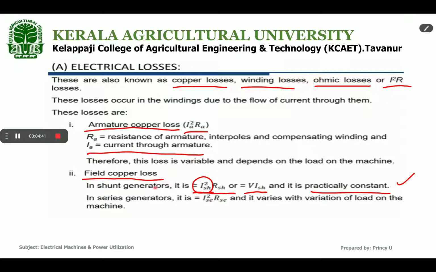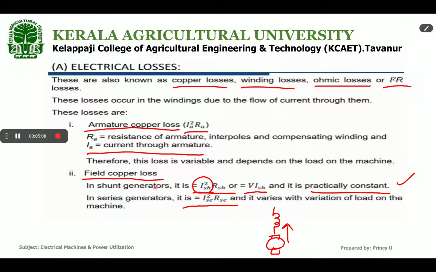In a series generator, the field loss is represented as field copper loss, I series square R series. We know that in a series generator, the armature and the series field winding are connected in series. So all the armature current flows through the series winding, and the series current is the same as the armature current.